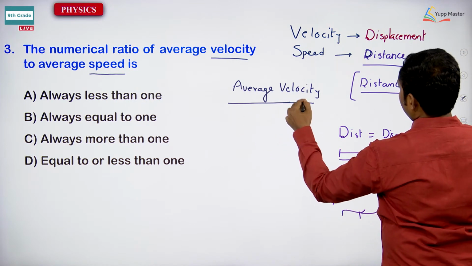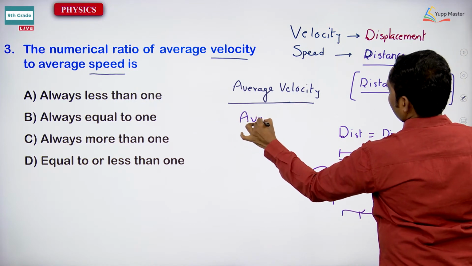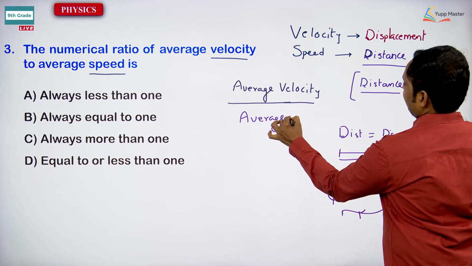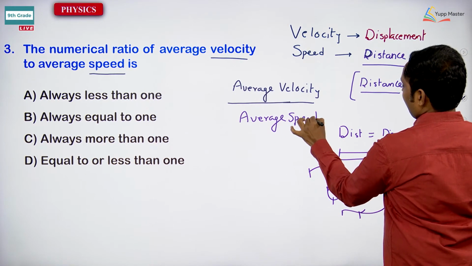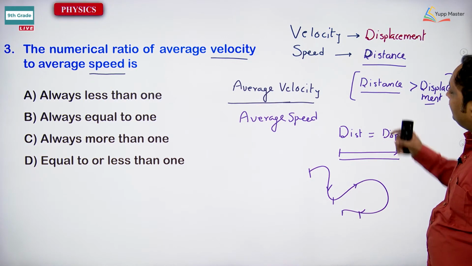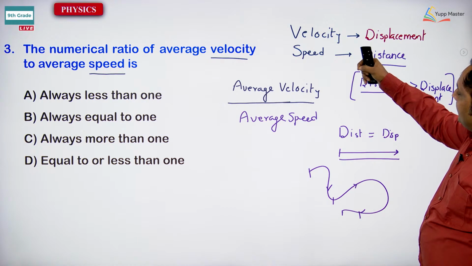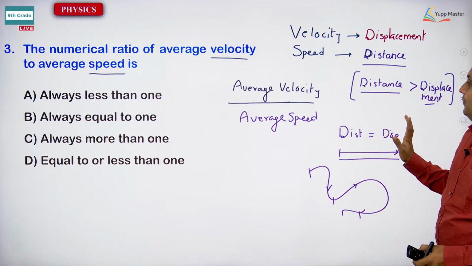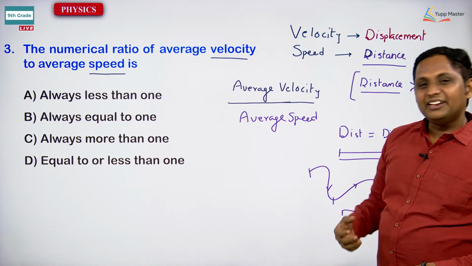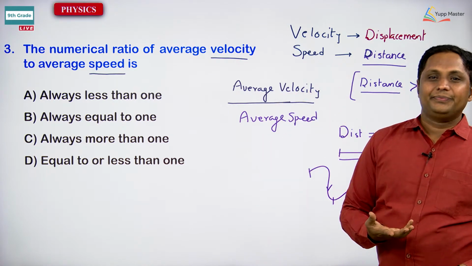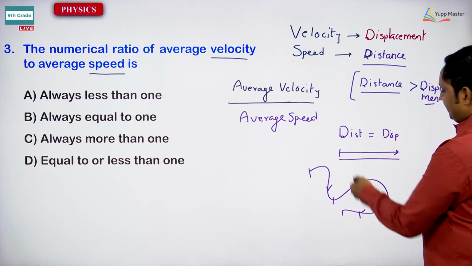You are going to take that average speed, right, which is going to be greater, which is going to be lesser. Just imagine, while you are going to take the parameters average velocity and average speed, we are going to take them at different intervals.